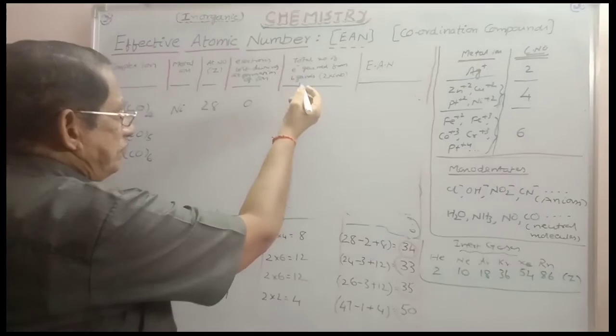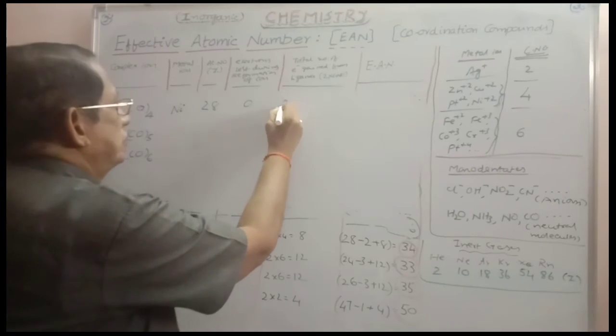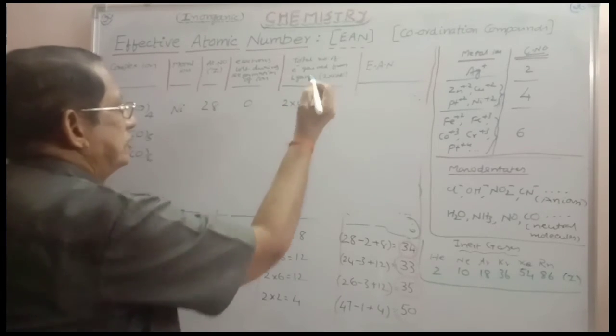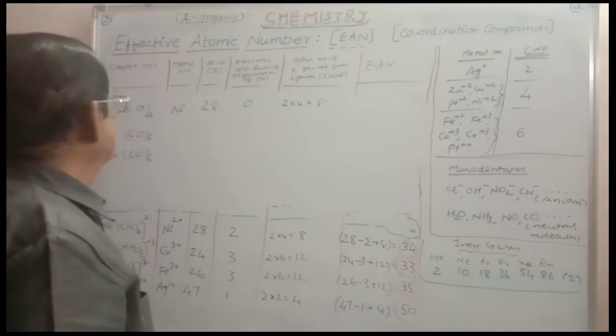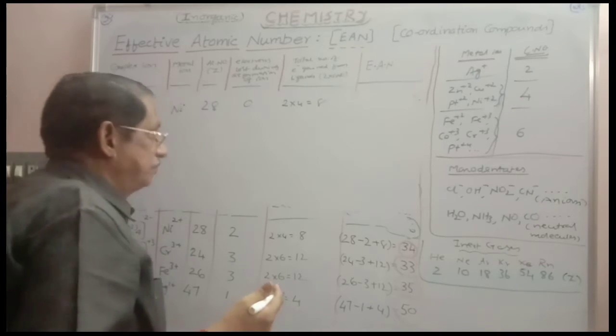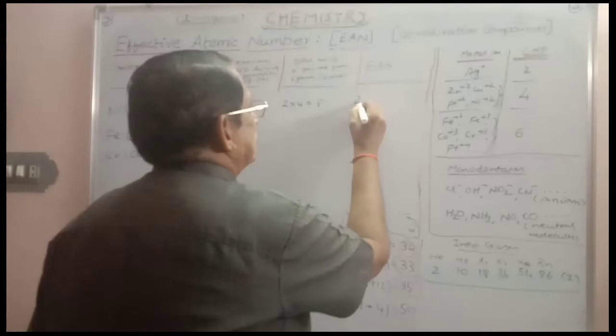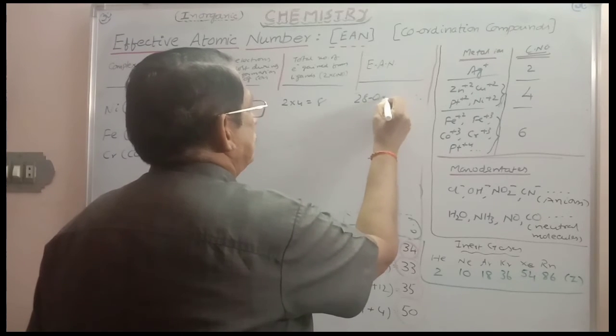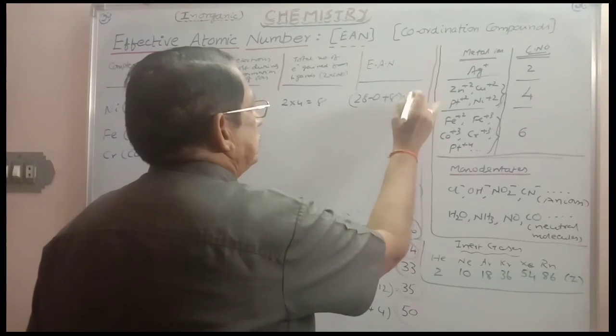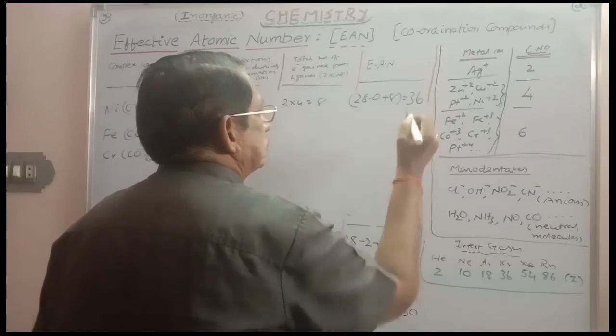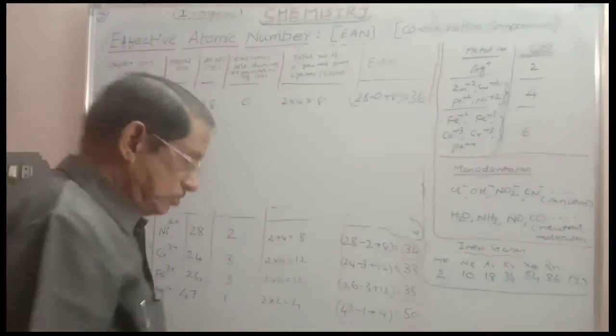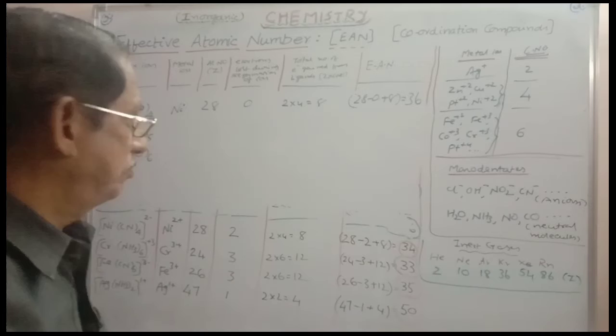No electrons are lost. Total number of electrons gained 2 into 4, that is equal to 8. And what is the effective atomic number here? 28 minus 0 plus 8 is equal to 36, right? You are getting 36, the inert gas krypton.